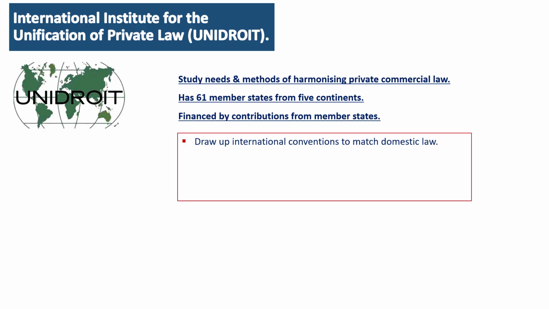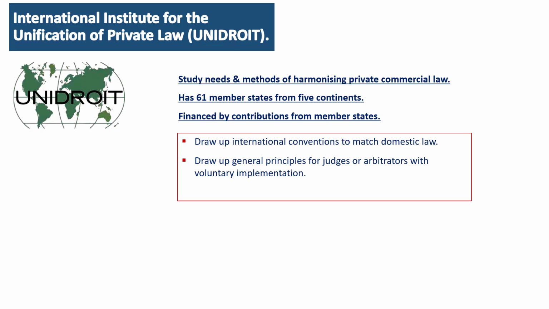So the international ones are optional for nations to take. Now, they're also supposed to draw up general principles addressed to judges or arbitrators. Judges are free to decide whether they will abide by these principles or do otherwise.